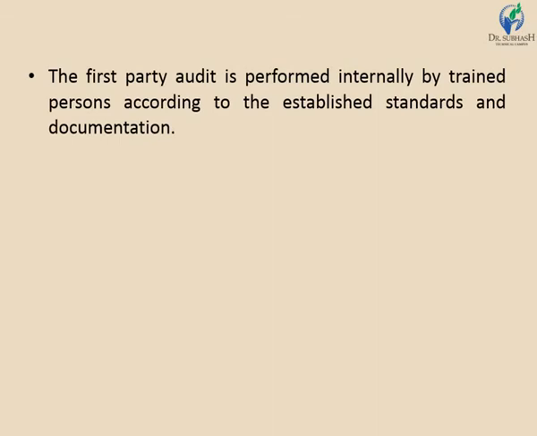This person is responsible for checking whether the established standards and documentations are as per the proposed thing or not. So it is internally audited by the trained person according to the documentation and standard that they have set.